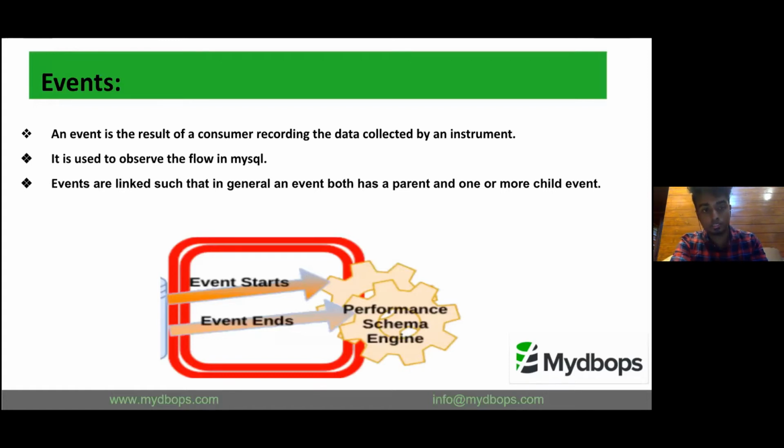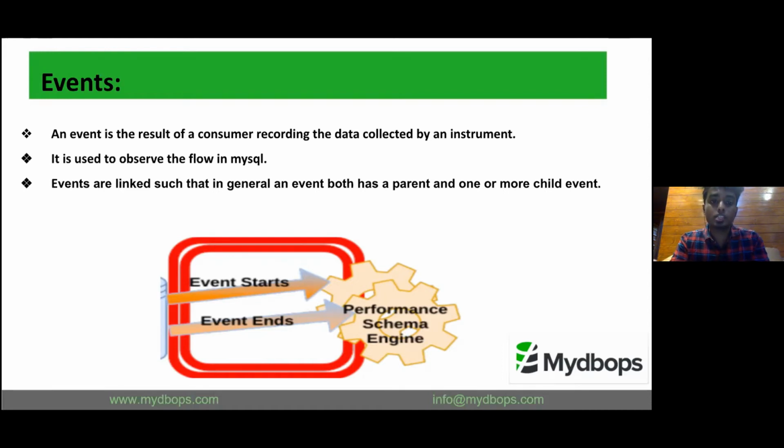When an event starts and how the event flows is totally present in the MySQL performance schema. It is used to observe the flow in MySQL, whether it is the execution of a query or the total flow of MySQL.